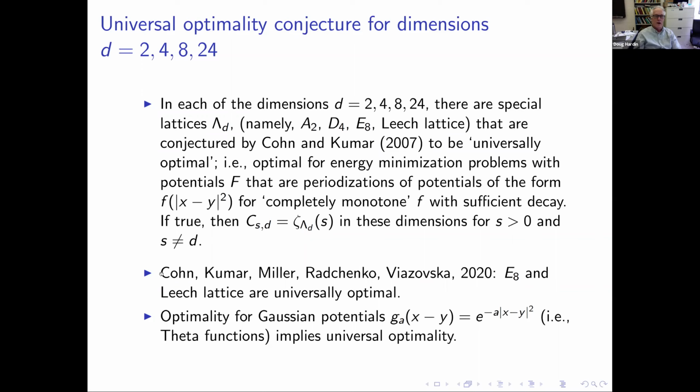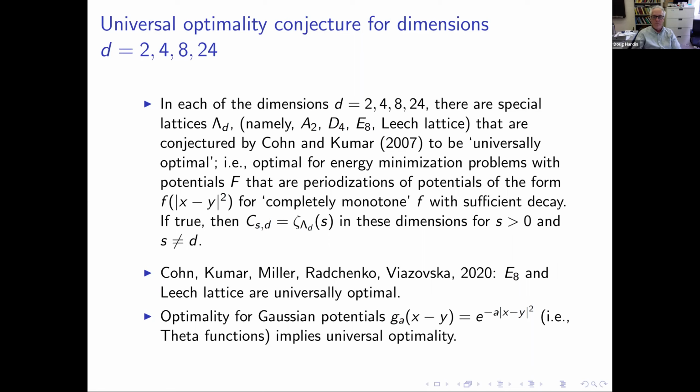Now, the famous and amazing result of the group Viazovska and Cohn, Kumar, Miller, Radchenko, in 2020, is that this has been proved in dimensions 8 and 24: the E8 lattice is universally optimal in R^8 and the Leech lattice is universally optimal in 24 dimensions.